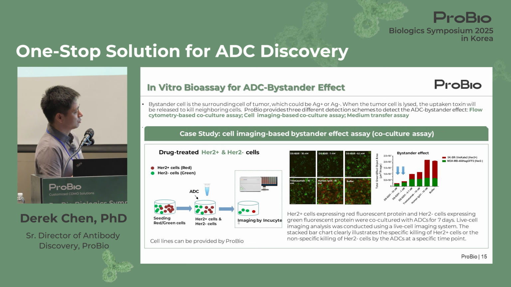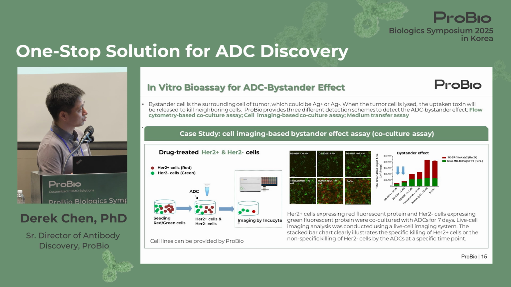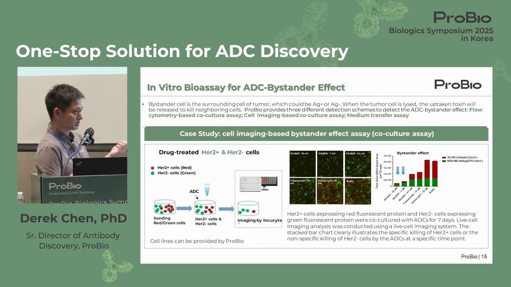In addition to the cell killing, bystander effect is another crucial experiment for some of the ADCs. This can be achieved by the same machine I mentioned at the very beginning for the internalization, the Incucyte.